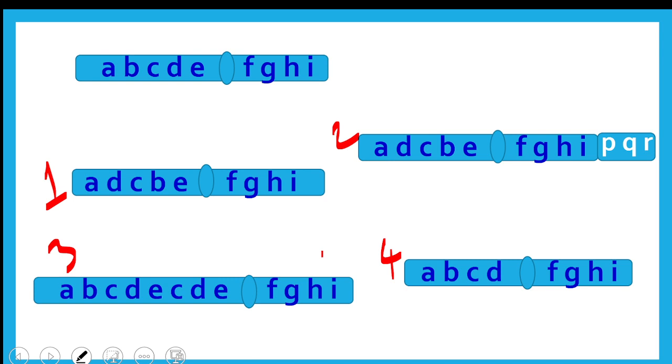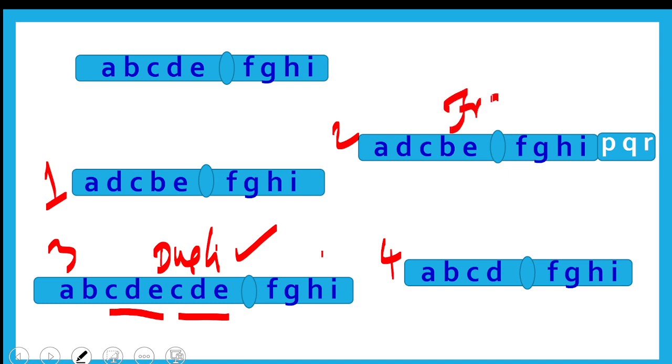The third one is duplication. Why? CD is repeated twice, hence it is called duplication. Very good, excellent. The second one is translocation. Why?